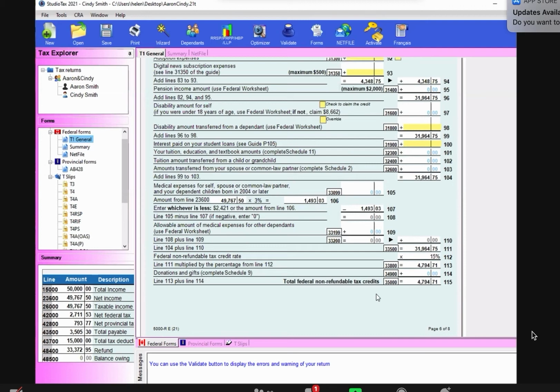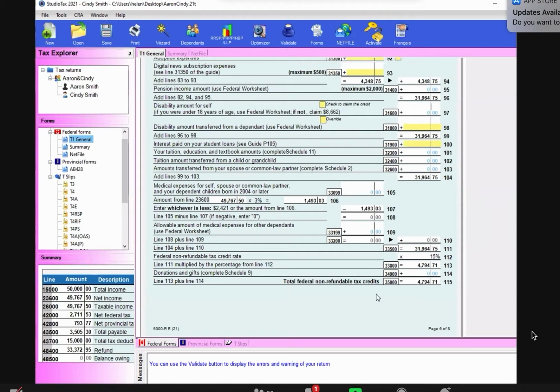Okay, so now I want to ask everybody's question. For example, this dependent is Jackson. Jackson is Cindy Smith's father.